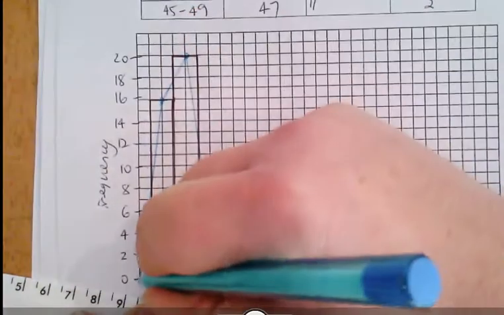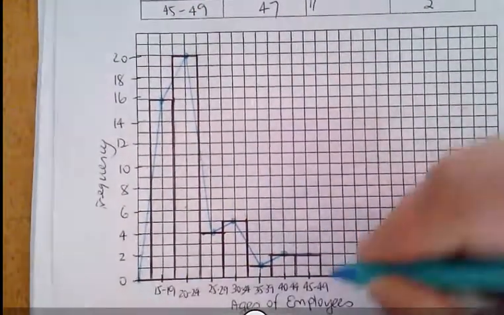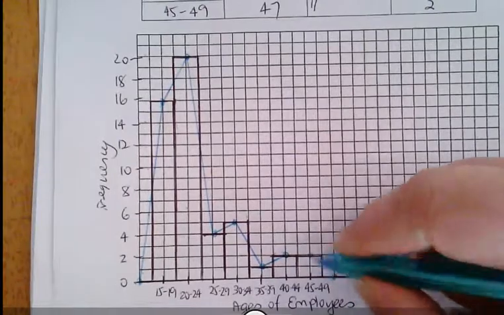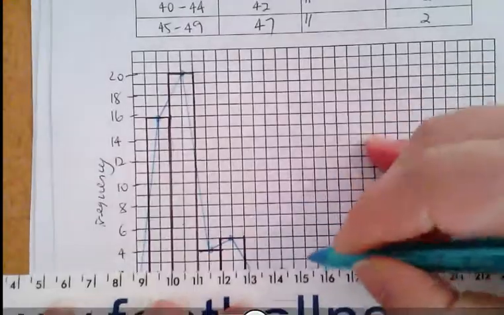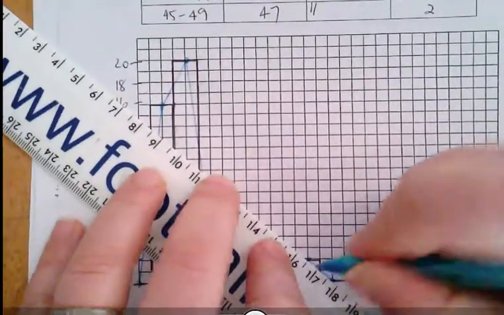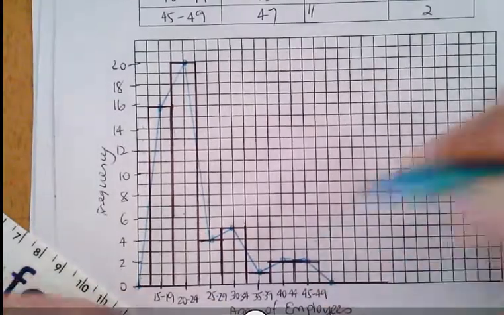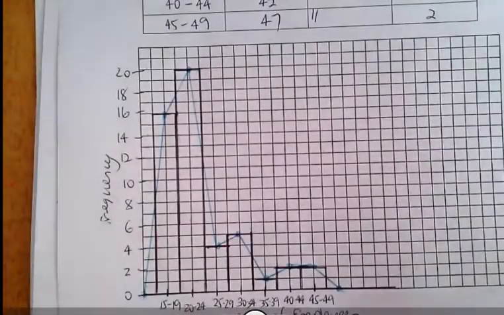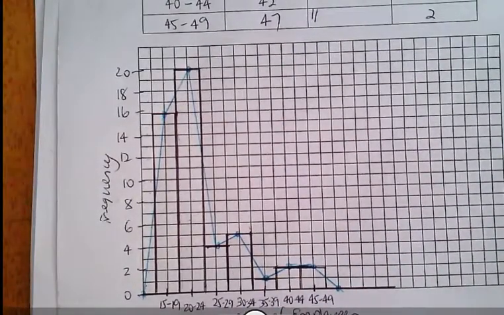Okay, on each of your points we're going, and then we finish half a column gap at the end away from the last column as well. So we join these two here. I don't know if you can really see that very well. And then down there, so it's highlighting that so you can see it. So your histogram are the columns and your polygon is the straight line graph, okay?